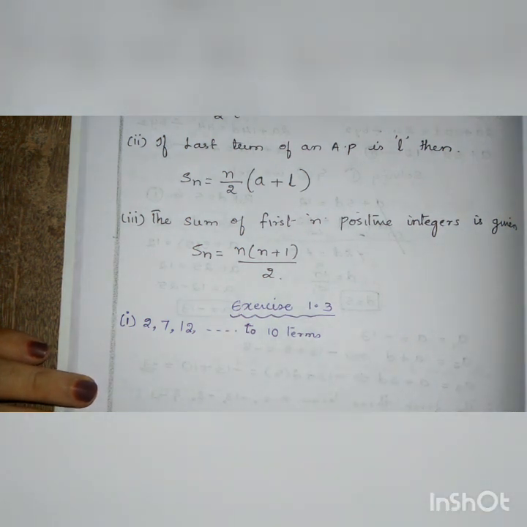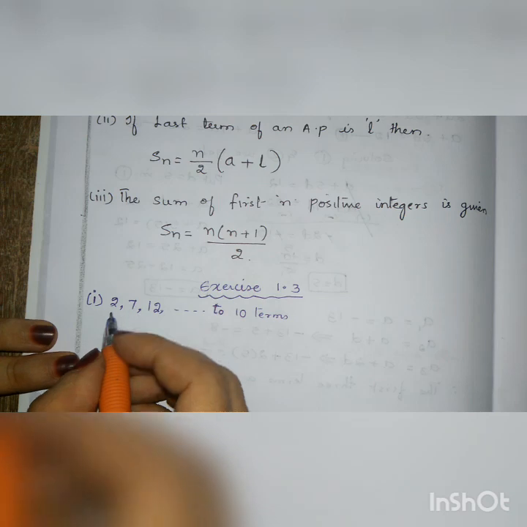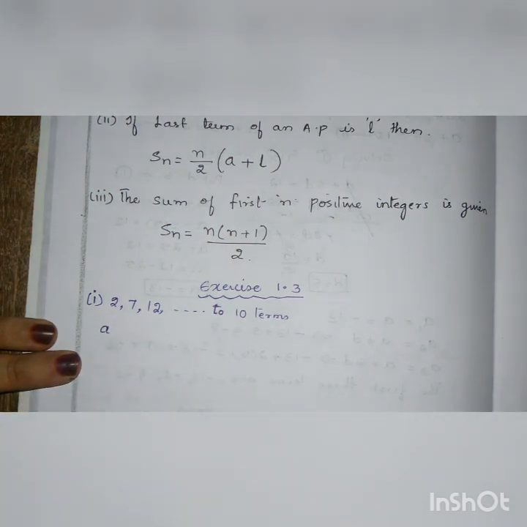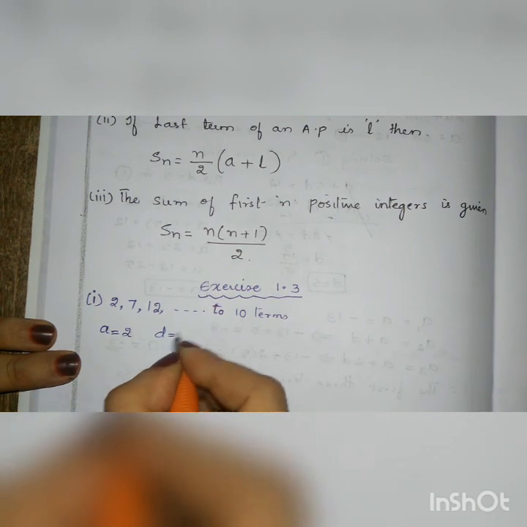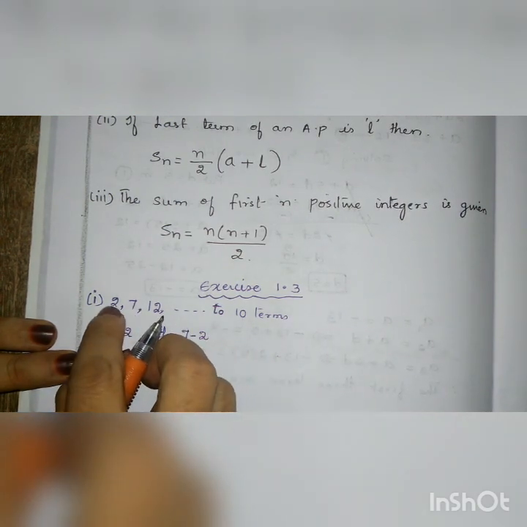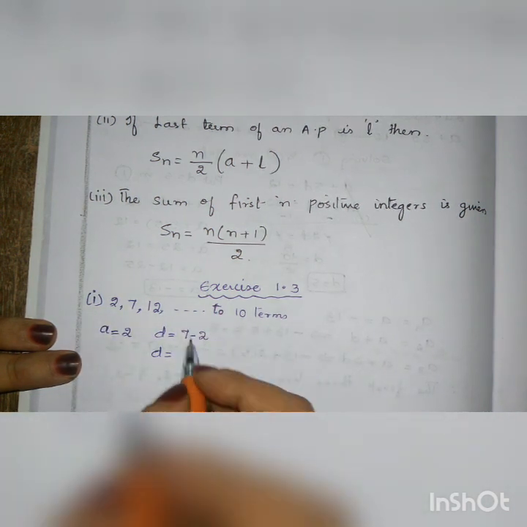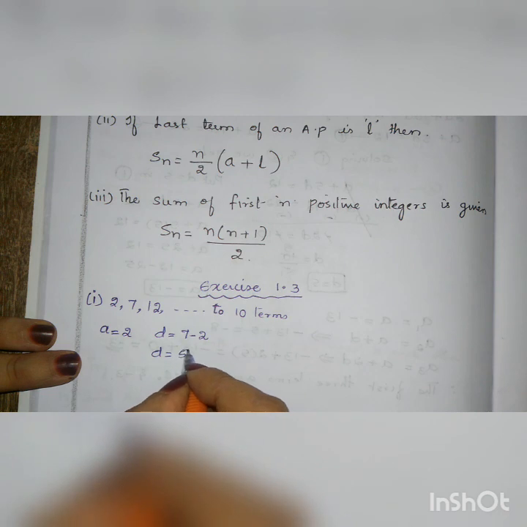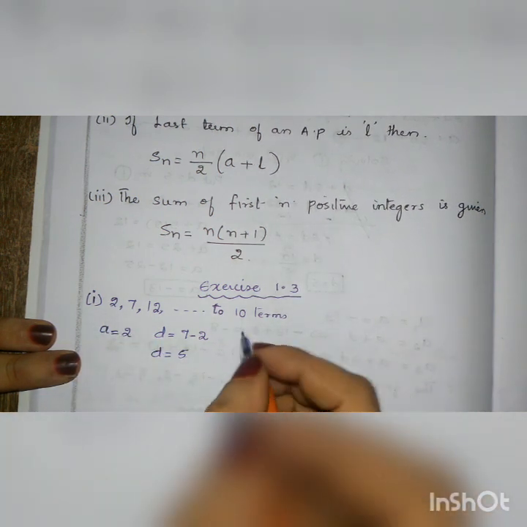So we know that the first term a = 2, and d = 7 minus 2, second term minus first term, which is nothing but 5. We got the first term as 2 and d = 5.